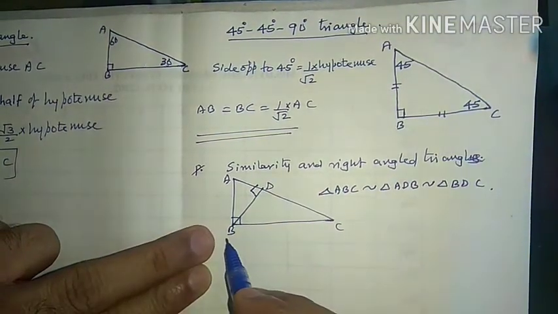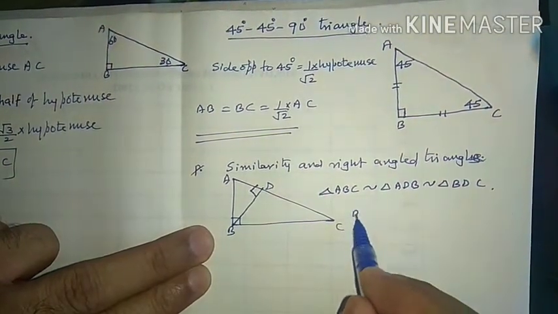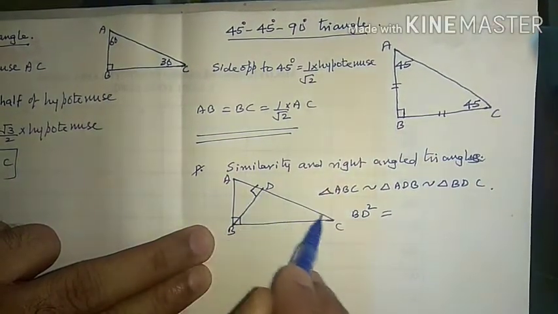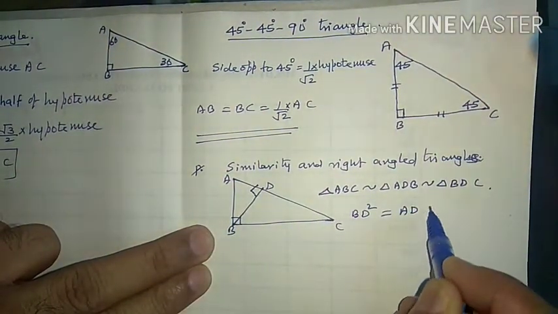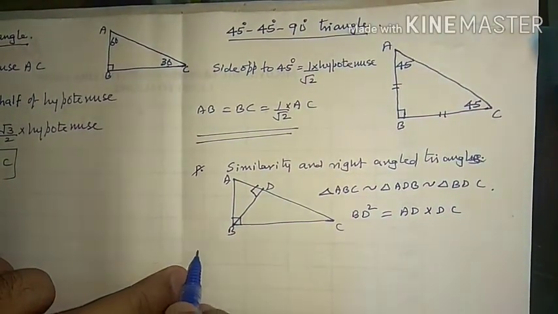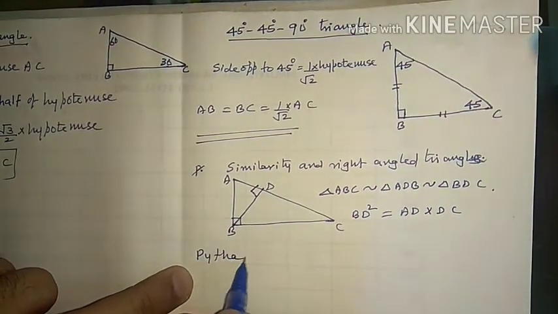The second point we proved is BD square is equal to AD into DC. Then the third thing we proved is the Pythagoras theorem.